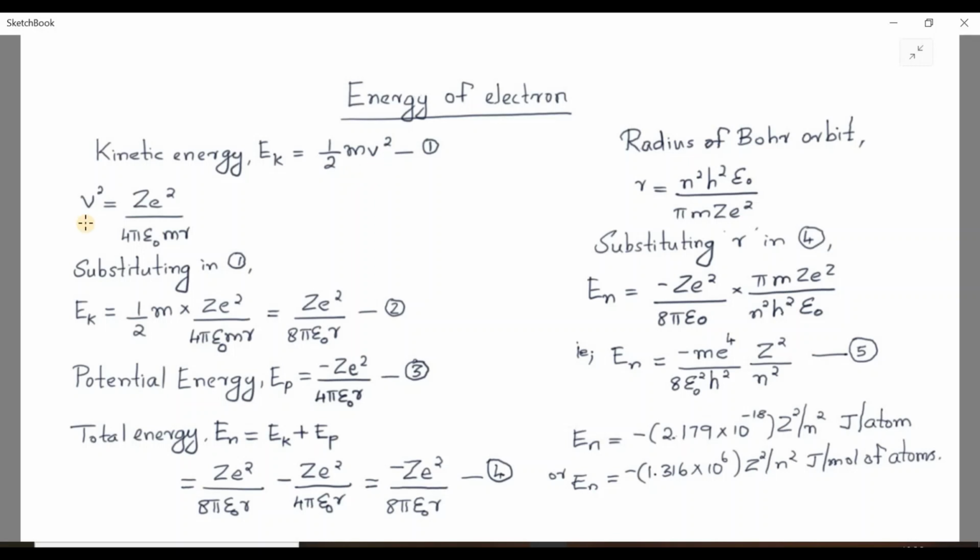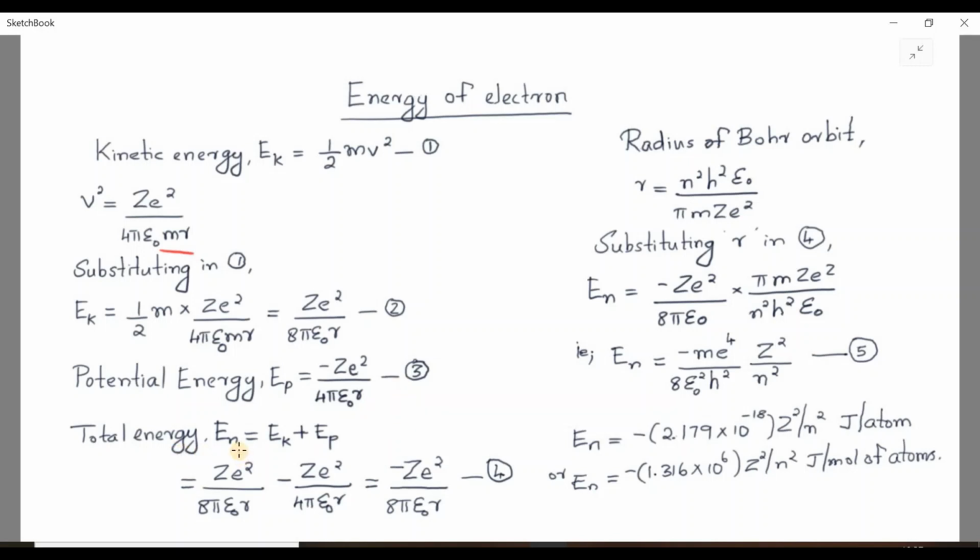We know that v square is equal to ze square by 4 pi epsilon naught mr. So substituting the value of v square in equation 1, we get Ek is equal to half m into ze square by 4 pi epsilon naught mr, which is equal to ze square by 8 epsilon naught r. Equation 2. The potential energy Ep is given by minus ze square by 4 pi epsilon naught r. Let it be equation 3.